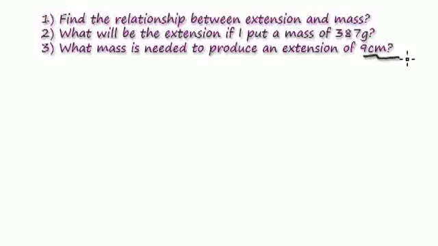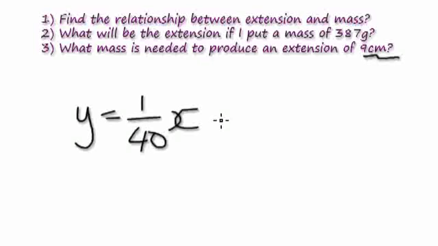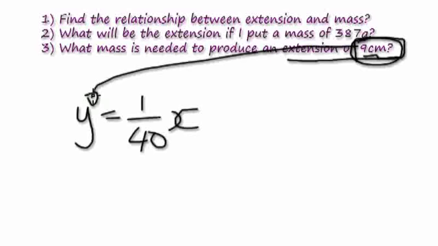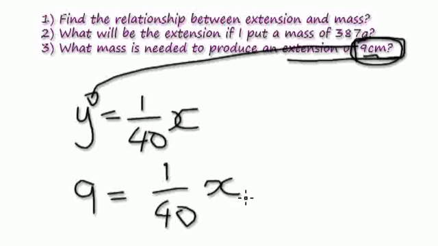And question 3 is what mass is needed to produce an extension of 9 centimeters. Our formula is y equals 1 over 40 x. This 9 centimeters, put it into the y here. So it will be 9 equals 1 over 40 times x.